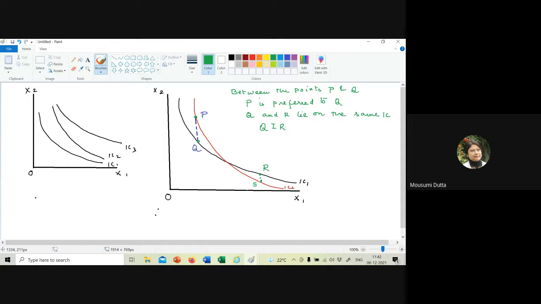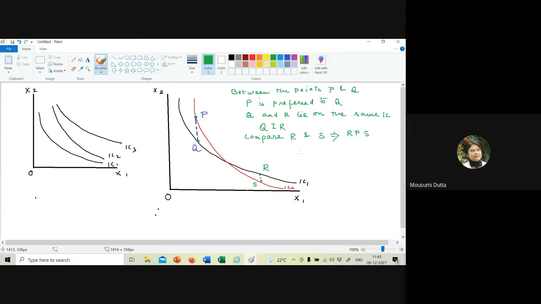Now if I compare between R and S, are we getting R is preferred to S? Everybody? Yes, ma'am.